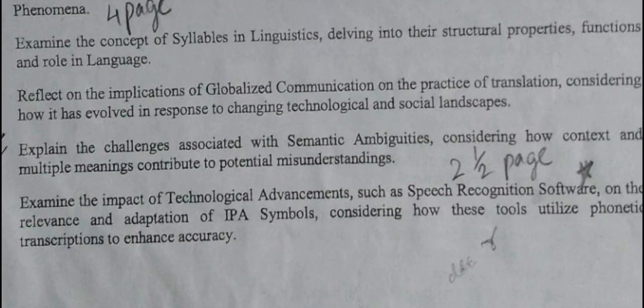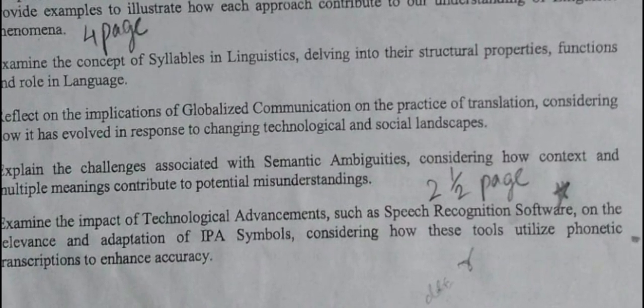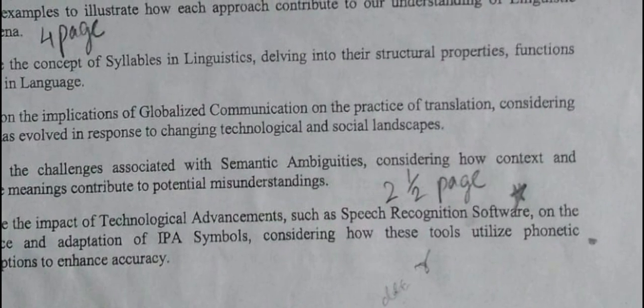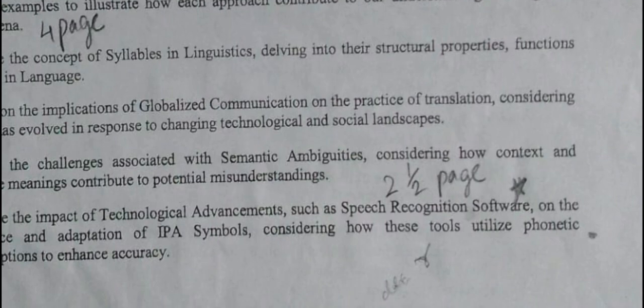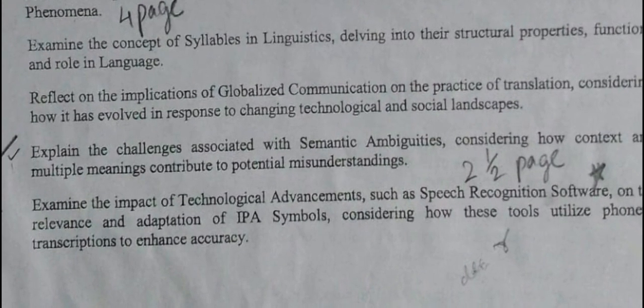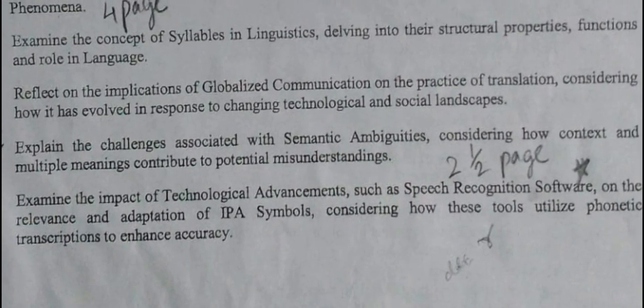Moving to the next question. Examine the concept of syllables in linguistics, delving into their structural properties, functions and role in language. Syllables means each complete unit of a word. For example, the best example is examination.